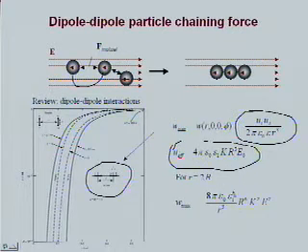Now the question is, what is the distance between the 2 particles? Obviously the strongest interaction is going to be when the particles touch each other. So the distance between these 2 particles is going to be 2 times their radius. We put everything together in this formula and obtain the formula for the energy of interaction between 2 particles with induced dipoles in the field, in a chain of particles.